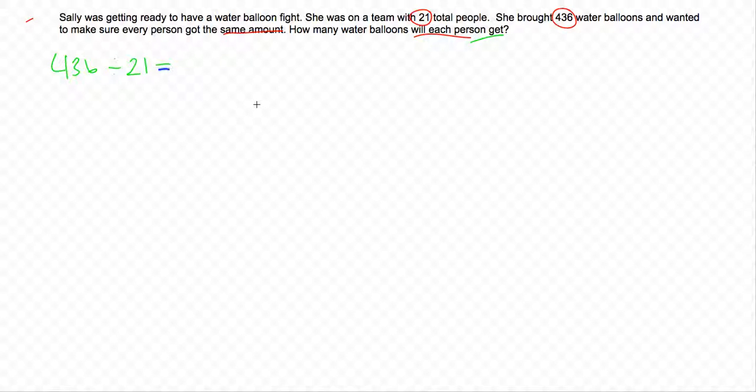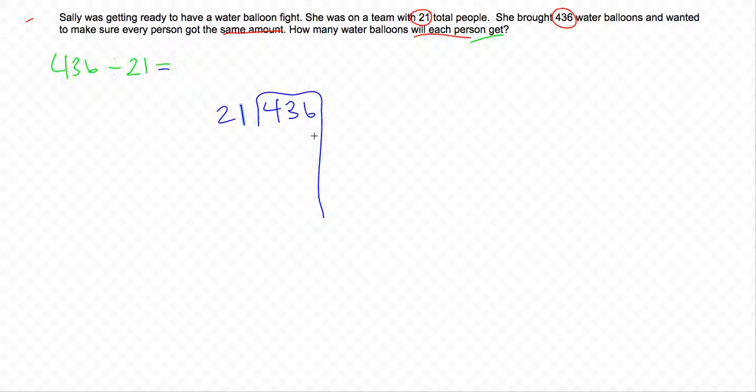Okay. So what we're going to do here is put 436 inside of our box. We're figuring out how many groups of 21 are in there.